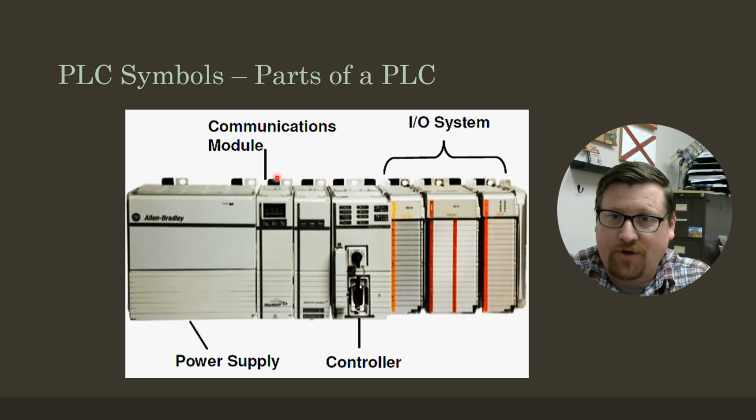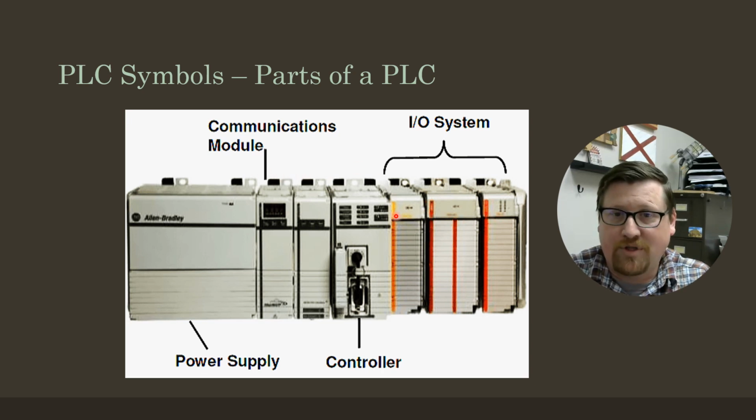If switch 1 is turned on, I need to turn on this motor. If switch 2 is turned on, I need to turn on this light. If switch 3 is turned on, I need to turn on this pump. If switch 4, which is an e-stop, is pressed, everything needs to stop. All operations need to stop.